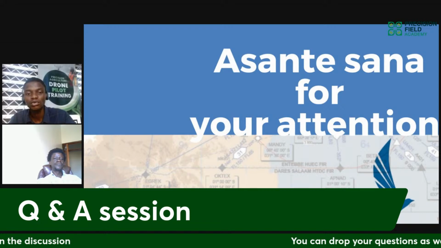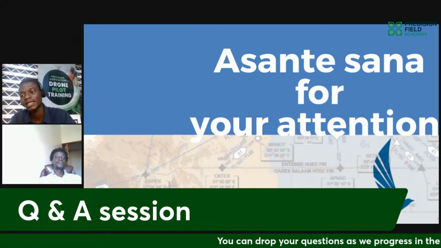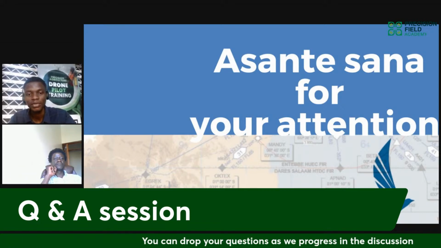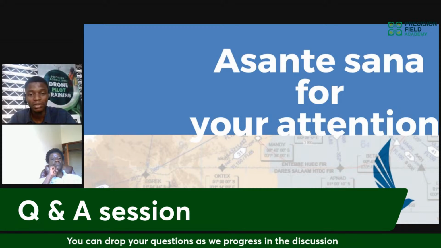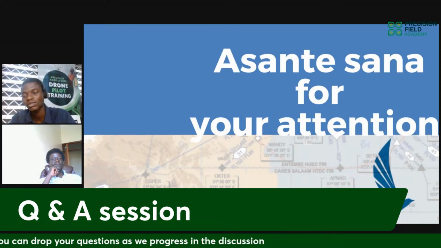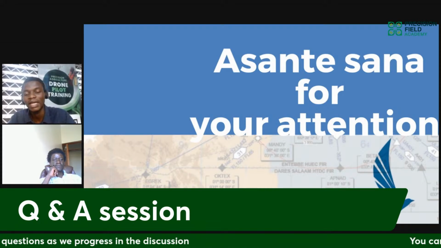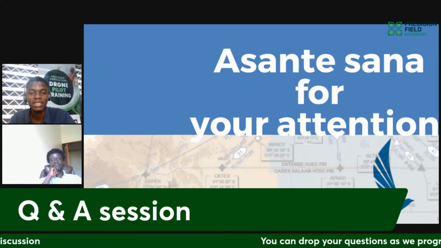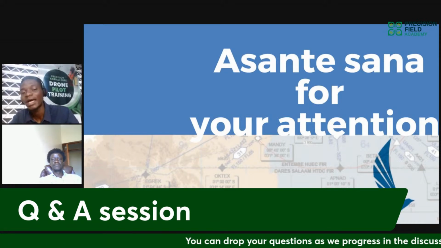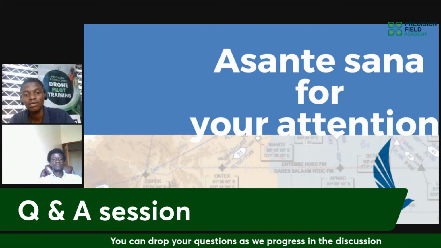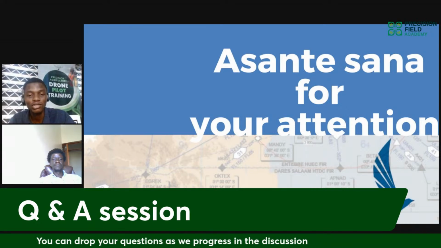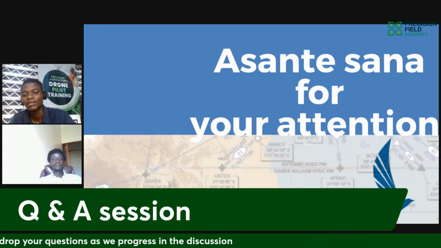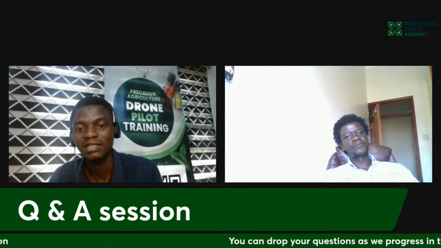For people coming from far distances, we are looking into helping you with information on accommodation so that it can help your planning. The practical is at the Federal University of Agriculture, Abeokuta, FUNAAB. It's an agriculture school, so do well to put that in mind.